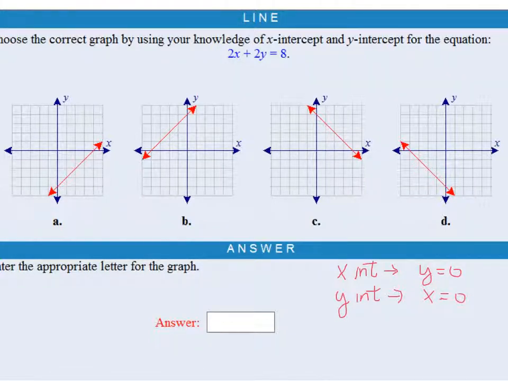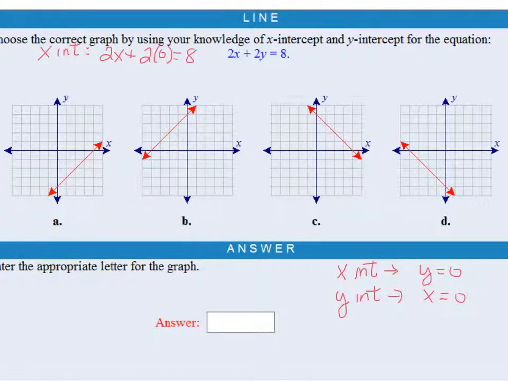Okay, so let's look at this first one. If I want to find the x-intercept, I'm going to make my y be 0. So for the x-intercept, I would have, let's come over here, x-intercept. So I'd still have the 2x, but I'm going to make the y be 0.